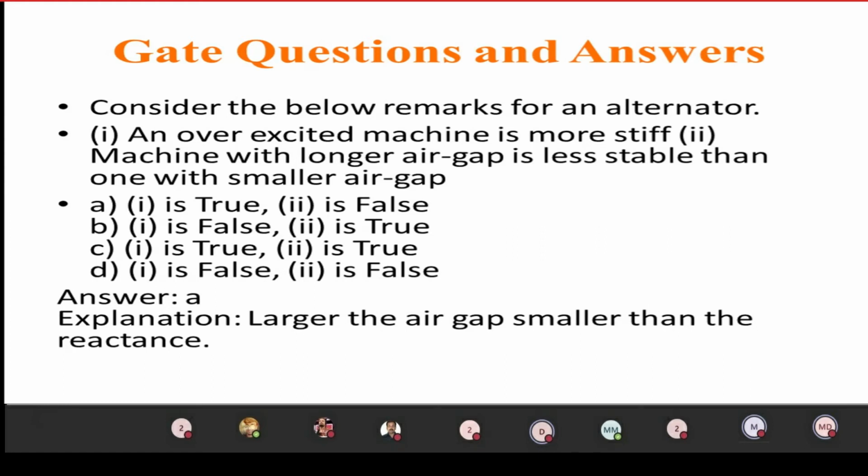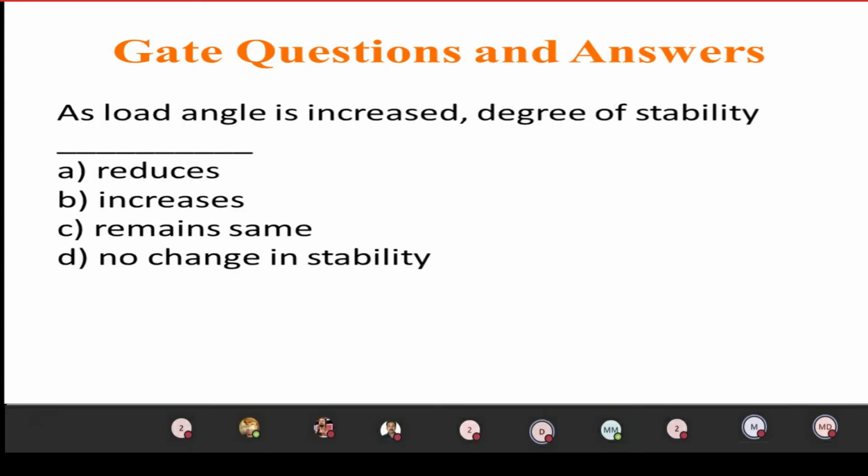The larger the air gap, the smaller the reactance. So it has a reactive property. So the load angle is increased, and the degree of stability changes. So depending upon the load angle, the stability will be determined.